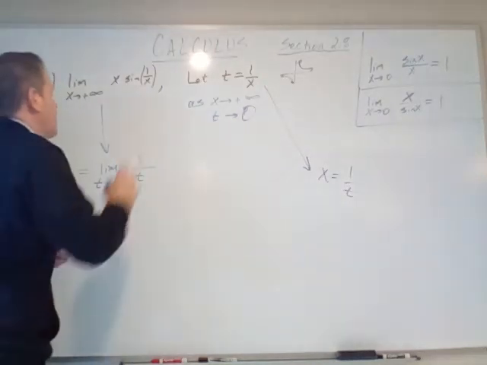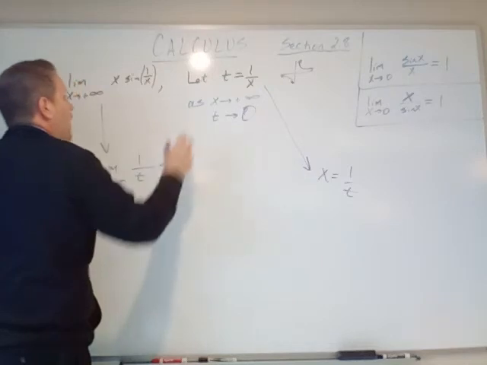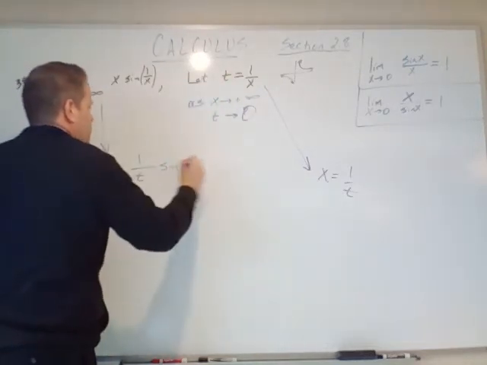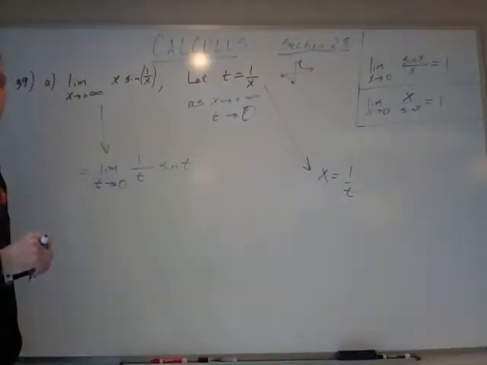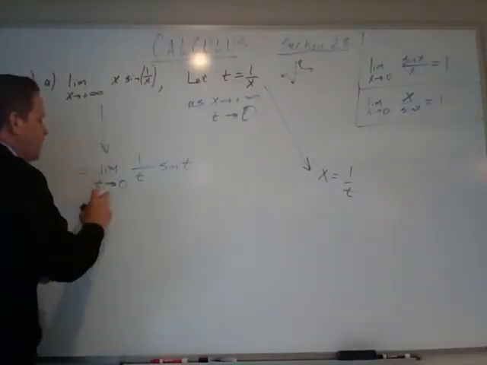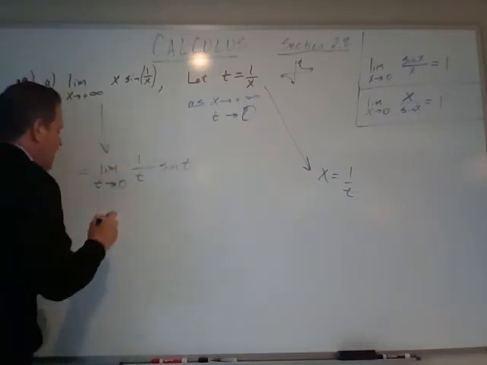Okay, now I'm taking the sine of 1 over x. But 1 over x, by the let statement, by this definition, equals t. Which means now my problem becomes the limit as t approaches 0 of 1 over t times the sine of t.